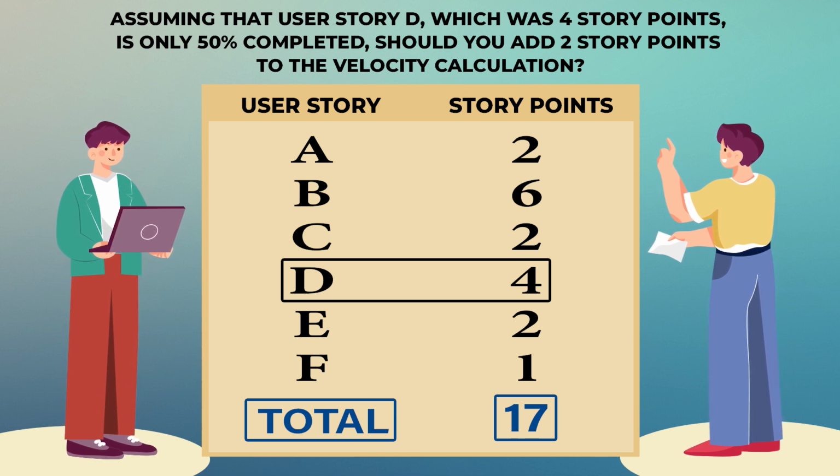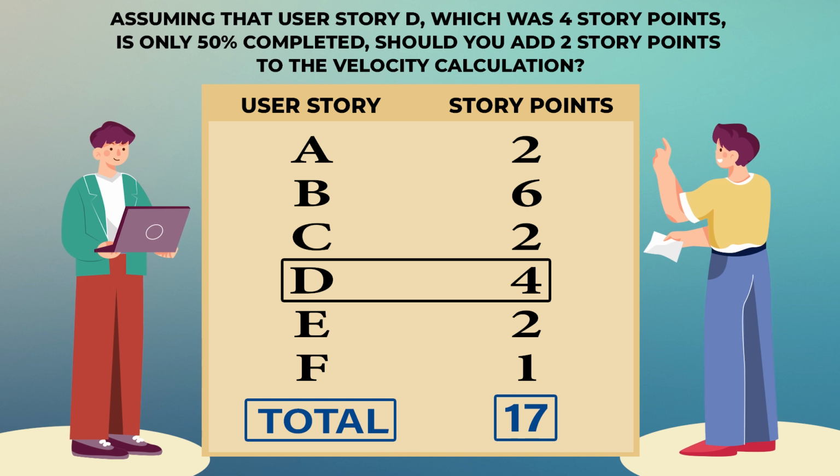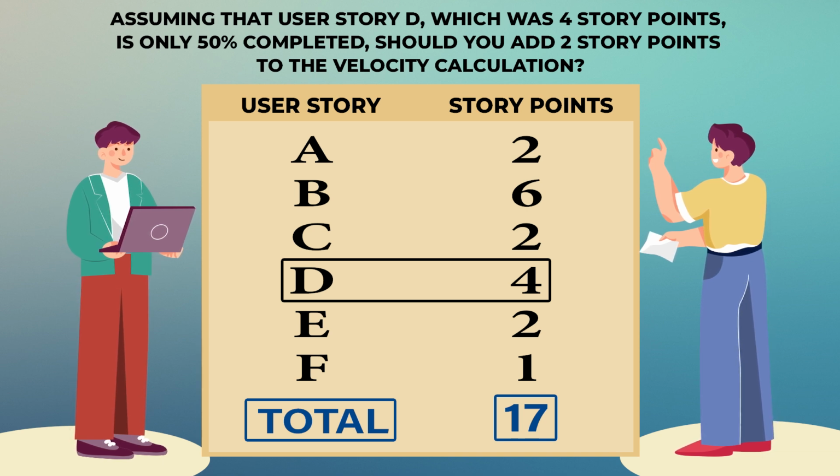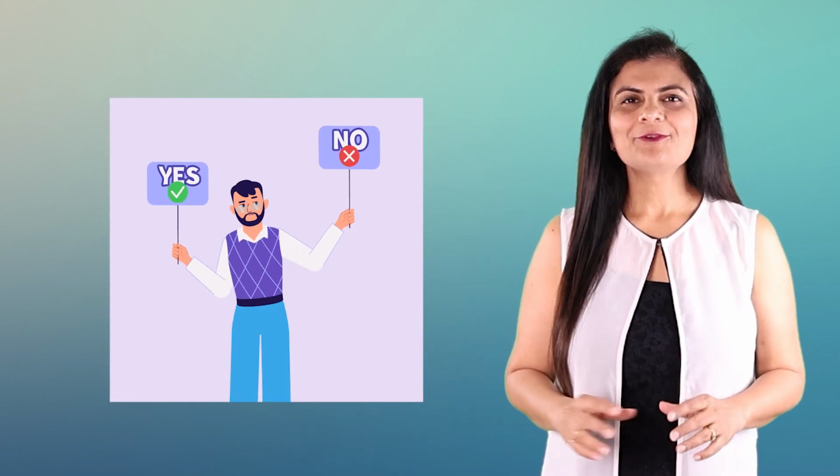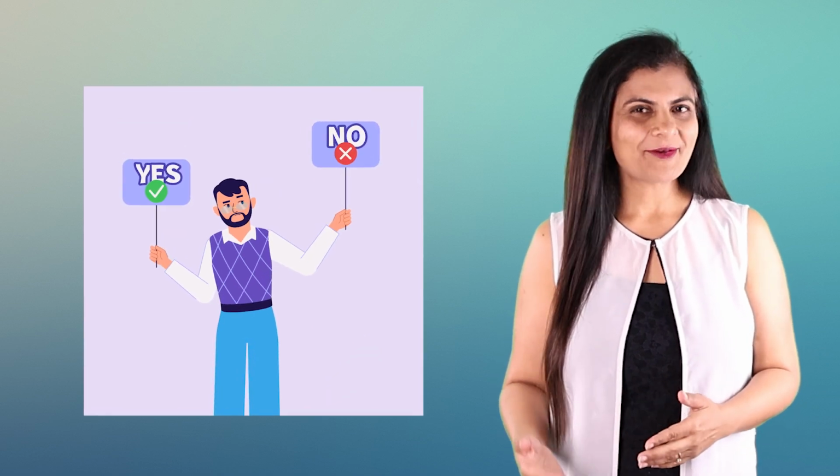Will you add 2 story points to the velocity calculation? Please write in the chat window yes or no. Pause, write and then see the answer. And of course, we do not add 2 story points to the velocity calculation.